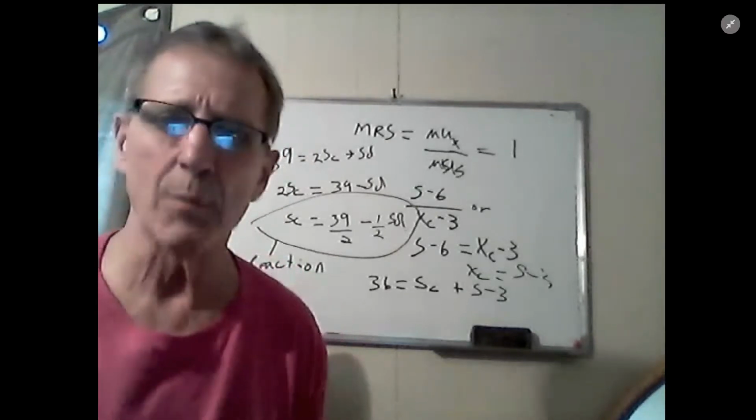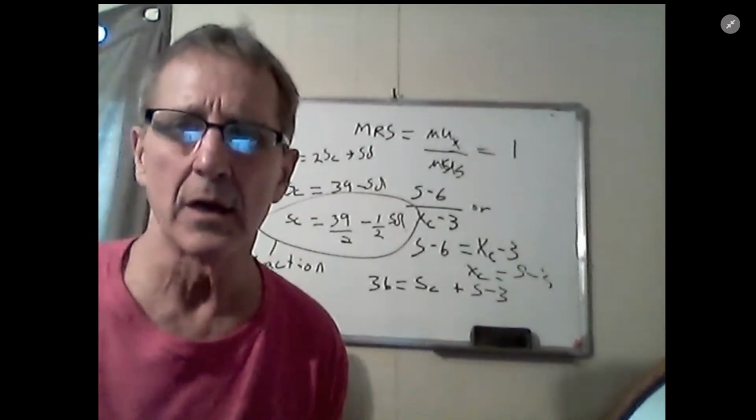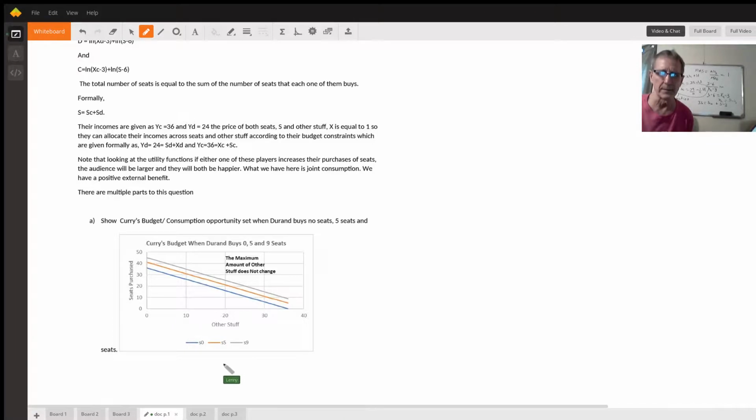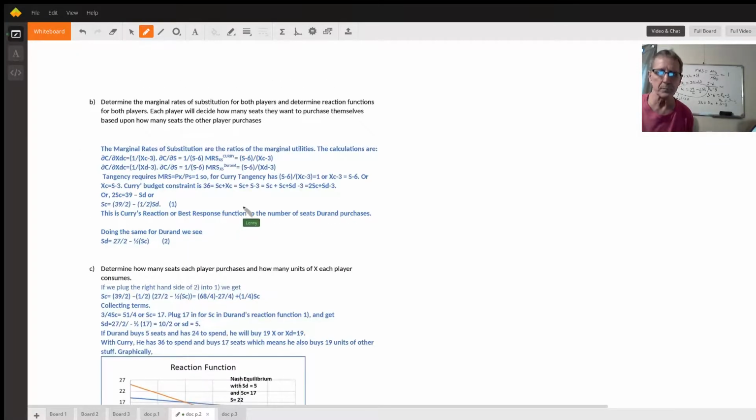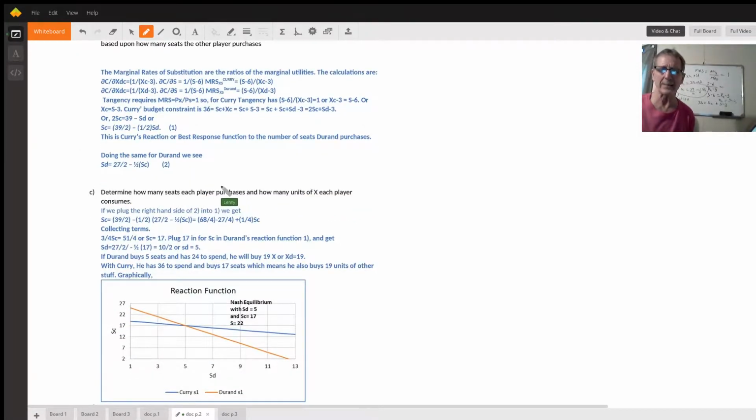That's the motivation behind it. If I do the exact same calculations for Durand, I see that his reaction function is 27 over 2 minus 1/2 SC. I've run out of time here, and I'll get back to it in the next part.